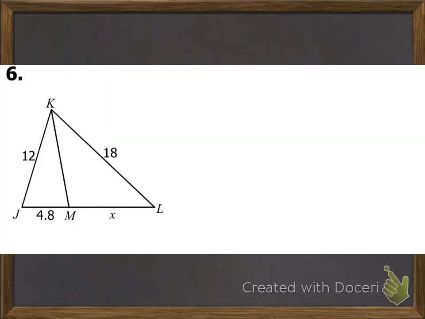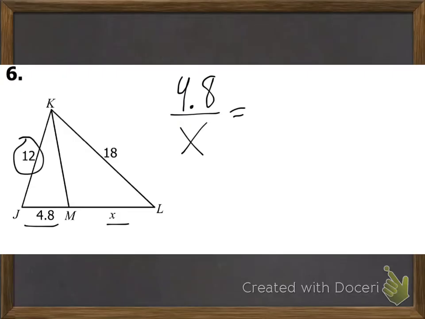Looking at number 6, if KM right here is my angle bisector, then we need to solve for x. So, remember we have the two little sides right here created by our angle bisector. So it's going to be 4.8 over x equals, and then we're going from left to right, so you would pick 12 next. So 12 over 18.